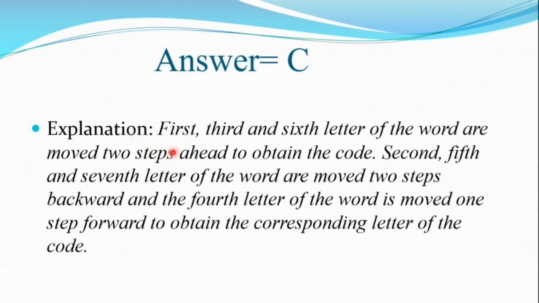The answer is: the first, third, and sixth letters of the word are moved two steps ahead to obtain the code. The second, fifth, and seventh letters of the word are moved two steps backward, and the fourth letter of the word is moved one step forward to obtain the corresponding letter of the code.